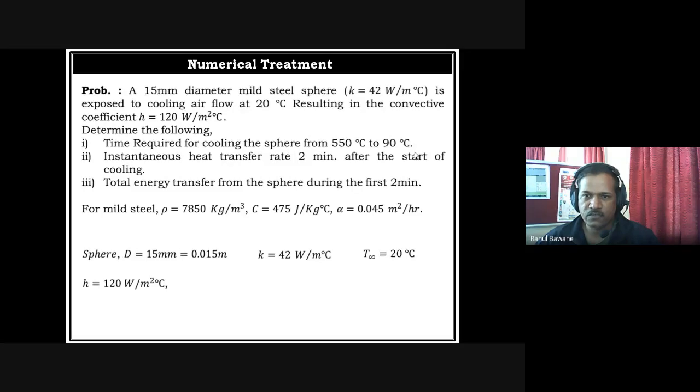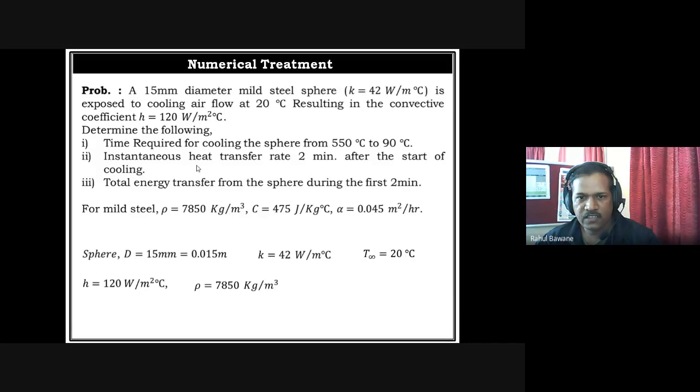We already know the surrounding fluid is at 20. The sphere is at 550 degree centigrade, so it is the initial temperature, and after some time it will reach 90 degree centigrade, because this high temperature sphere, when put into cooling air, will definitely lose heat. So we have to find out that time period.